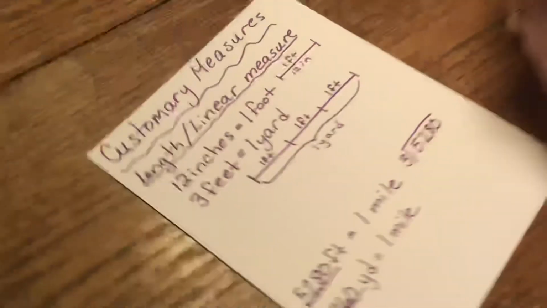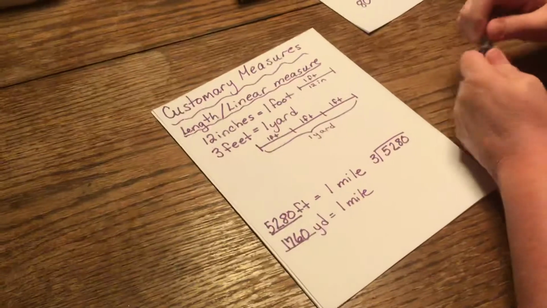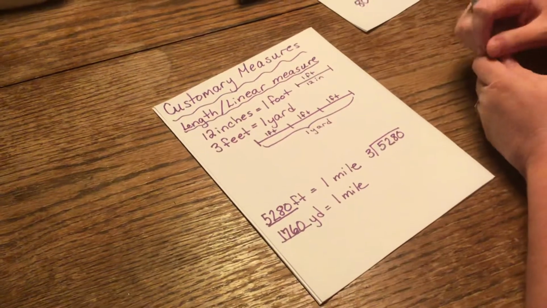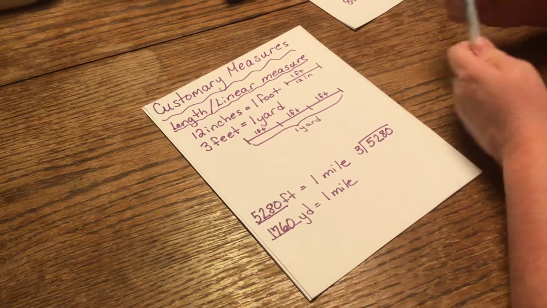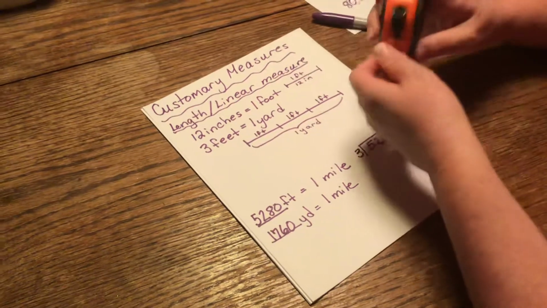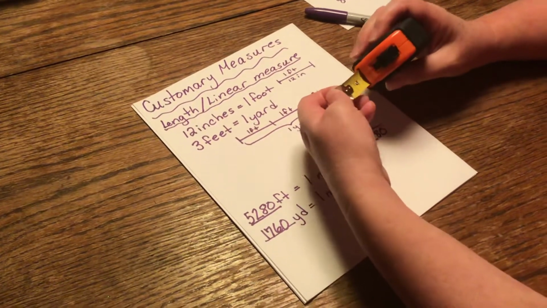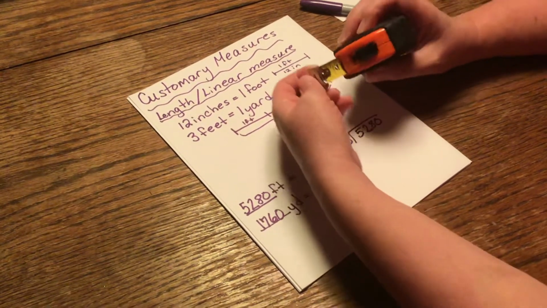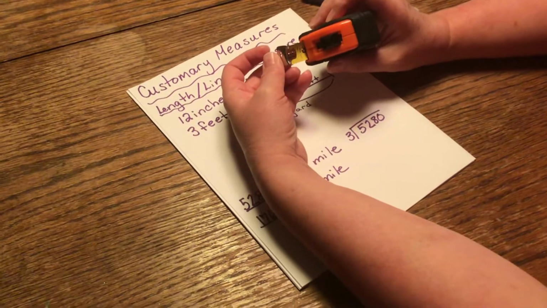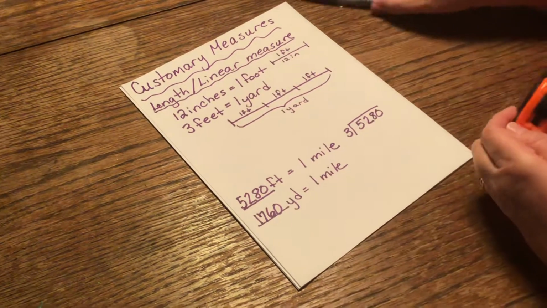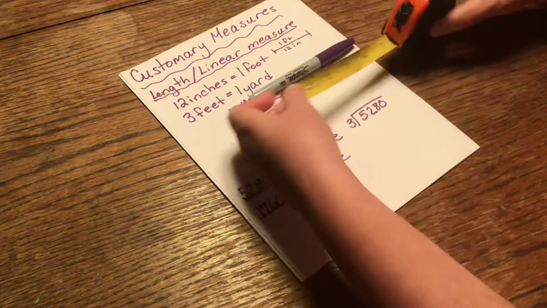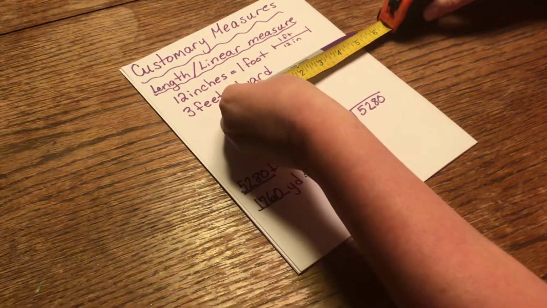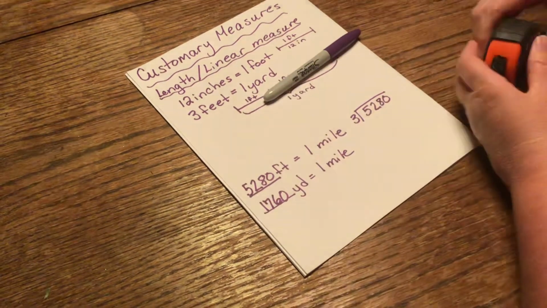Let's start by looking at customary measures of length. It's called linear measurement. Our standard measurement is an inch. An inch is that long. Inches are for measuring small things, like for instance, my pen is 5.5 inches long.